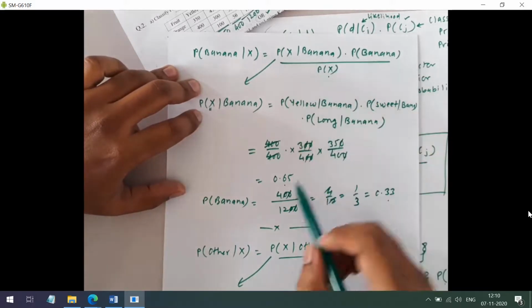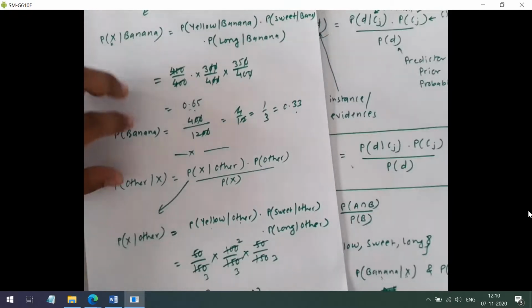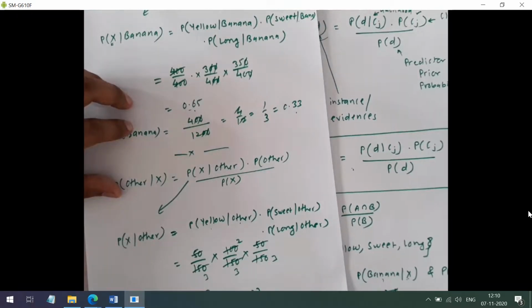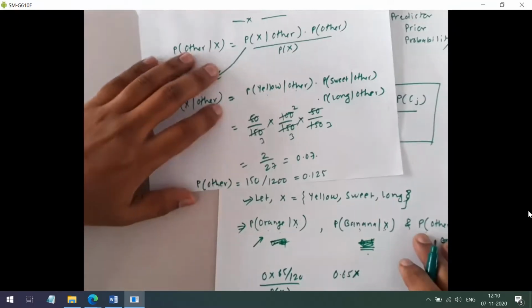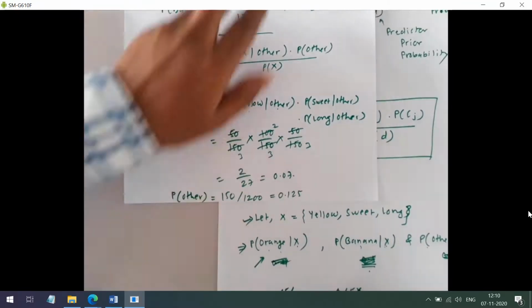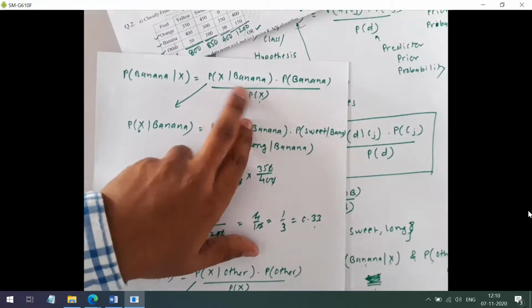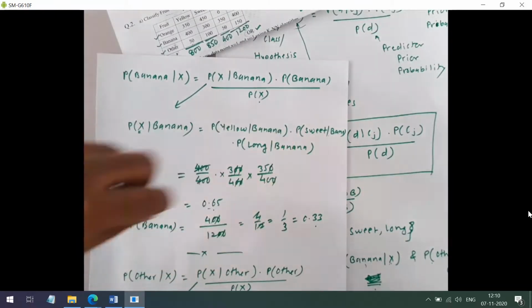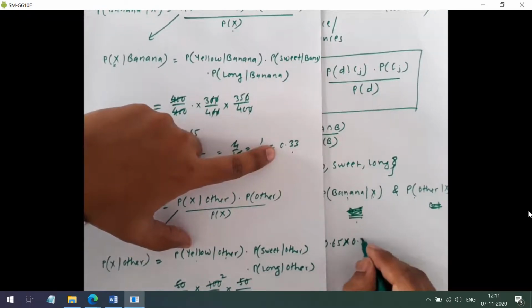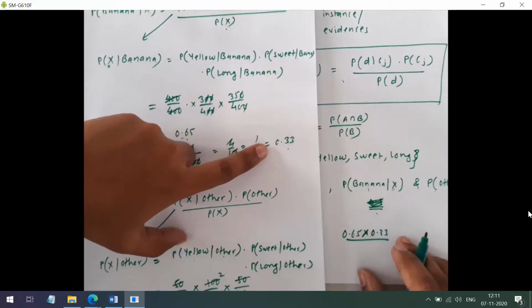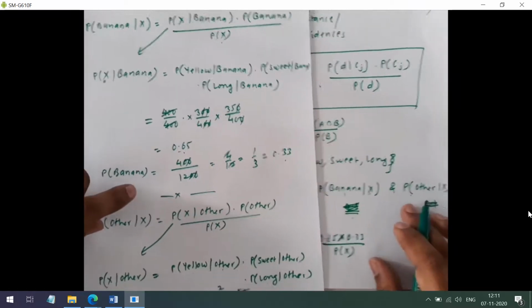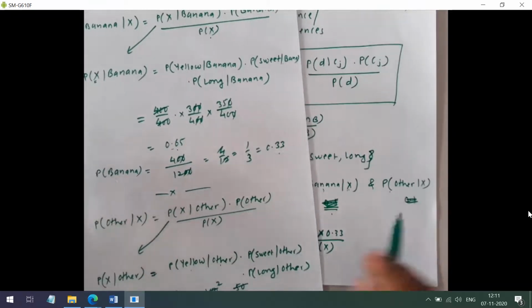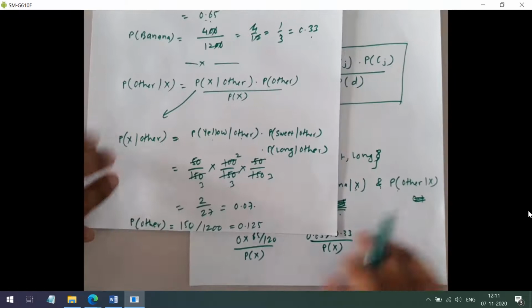The value of this term is 0.65, and the value of this one is 0.33. So I am writing here 0.65 into 0.33 divided by probability of x.